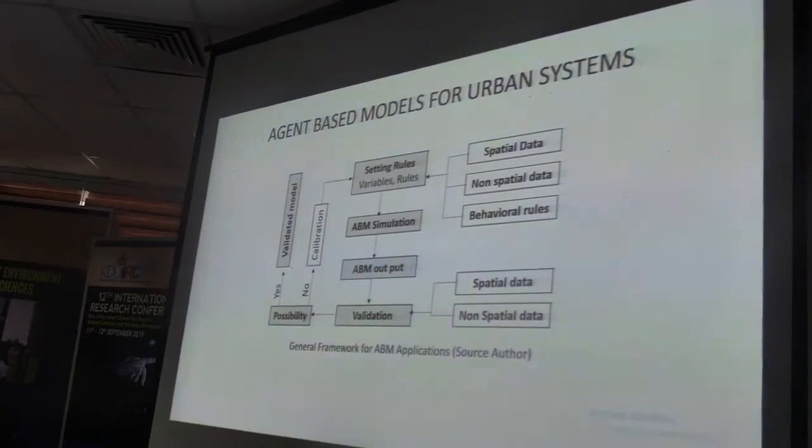Further, we need to validate the model using spatial data and non-spatial data. If the output is a possibility of a scenario, then you have a validated product, and if the output is not a possibility of a scenario, then you have to follow the same process to get results.